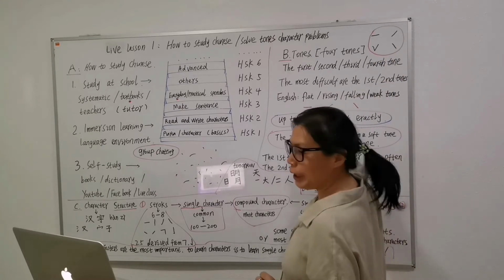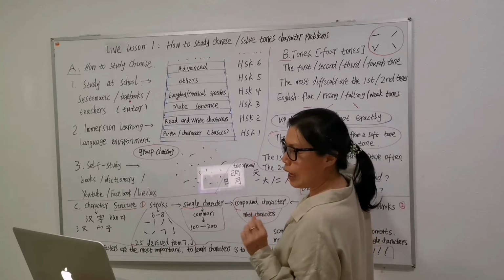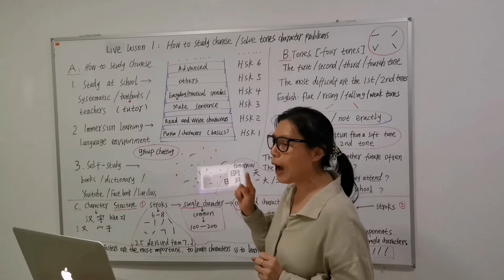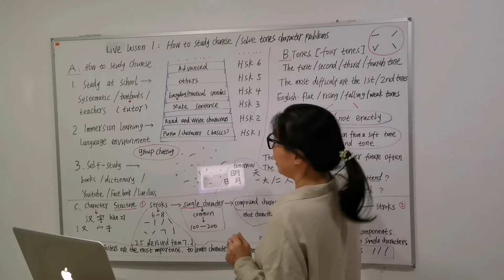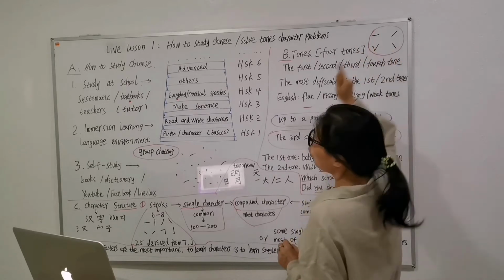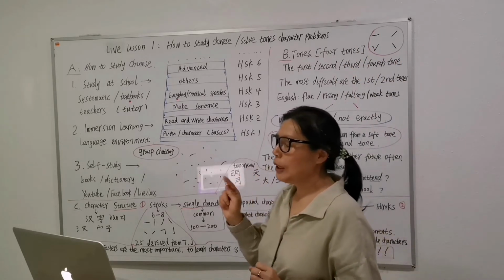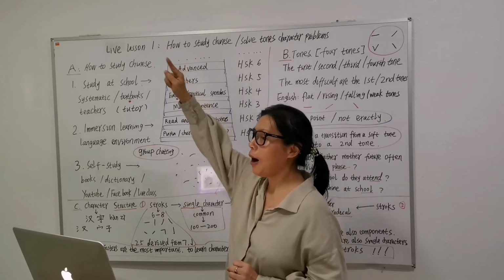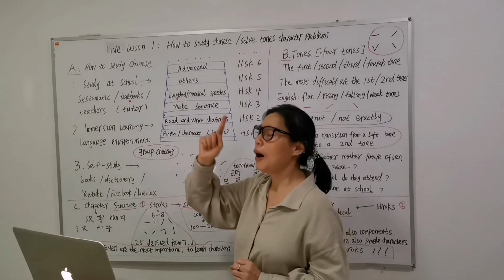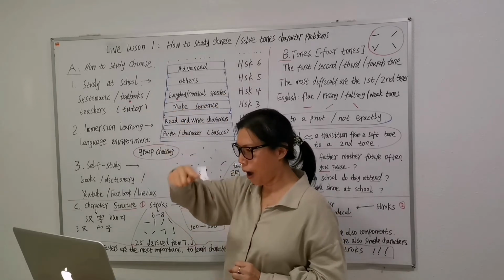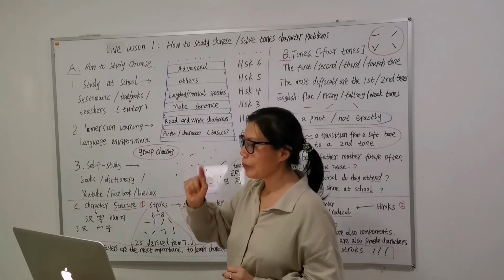Take A as an example. In Chinese, A is pronounced R. Take R as an example. We pronounce these 4 tones. They are R, R, R, R.